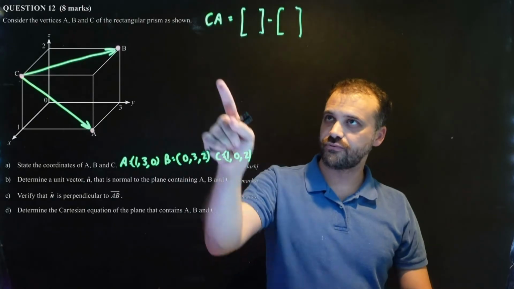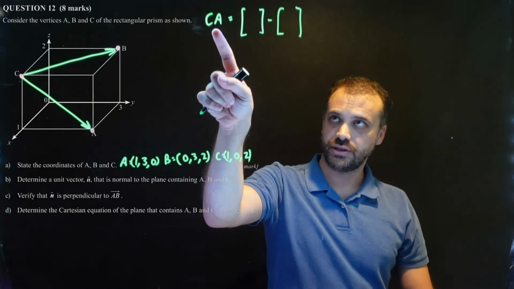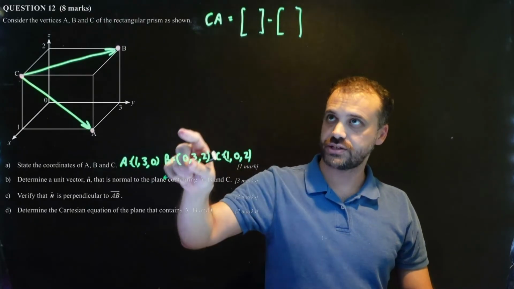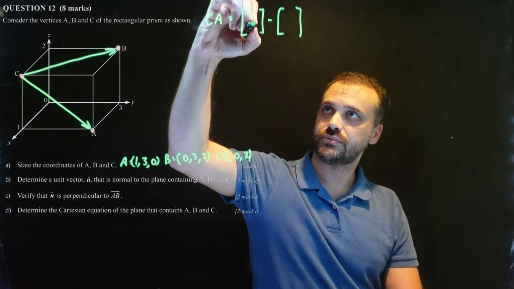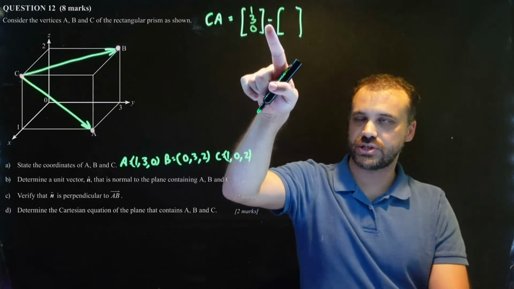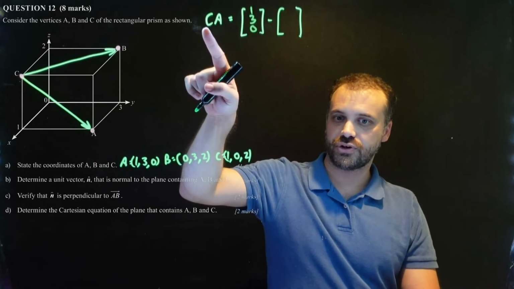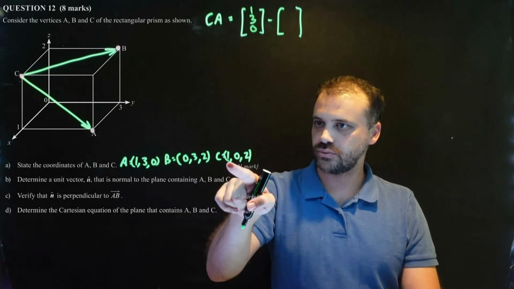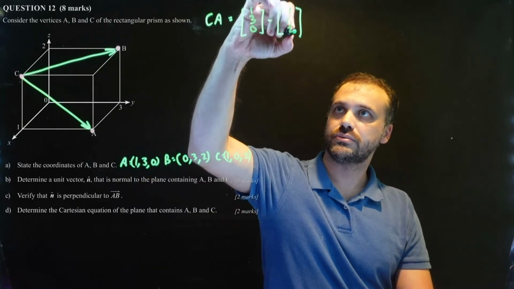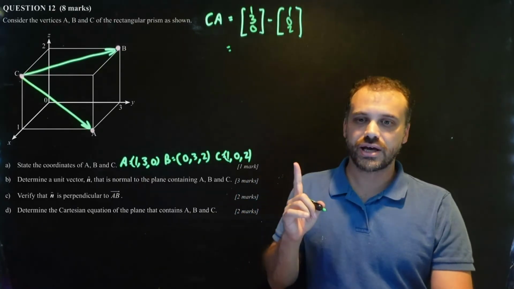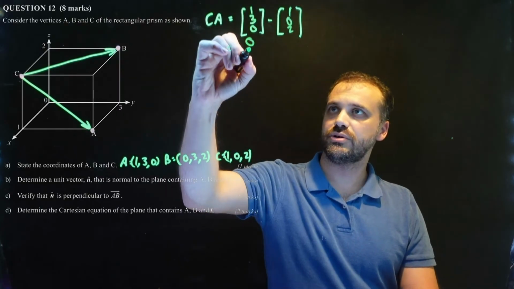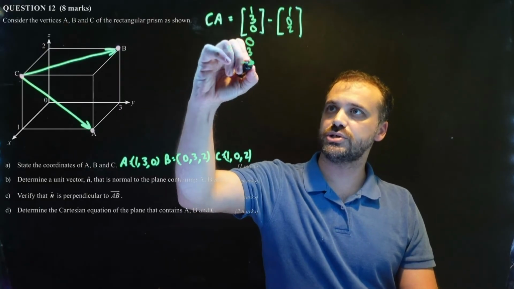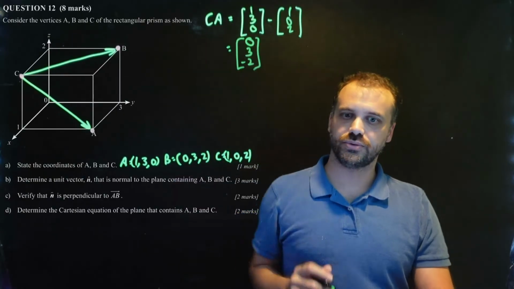If you want to find a vector connecting 2 points, it's going to be the position vector of the second letter, A, so 1, 3, 0, minus the position vector of the first point, so OC, 1, 0, 2. So CA is going to be 1 minus 1, which is 0, 3 minus 0, which is 3, and 0 minus 2, which is negative 2.